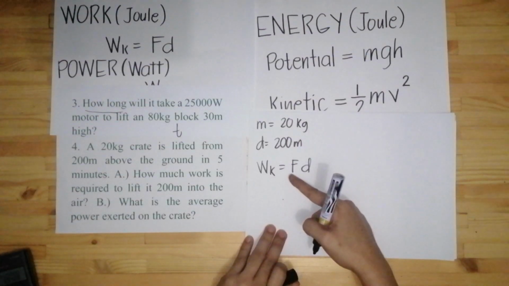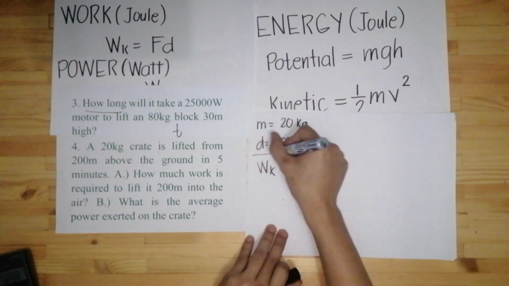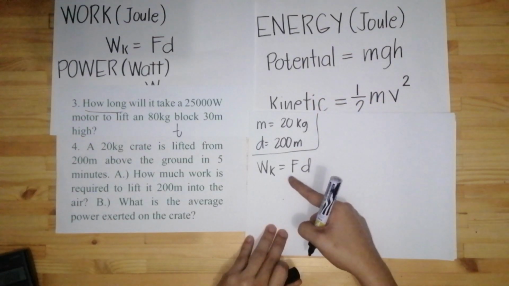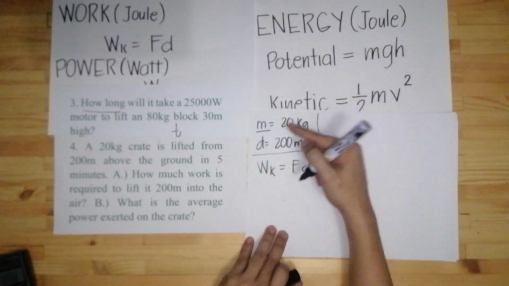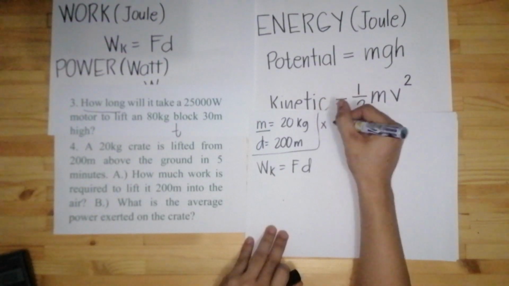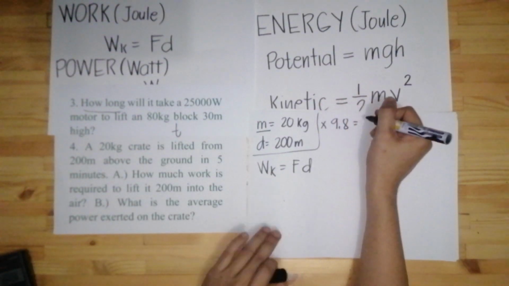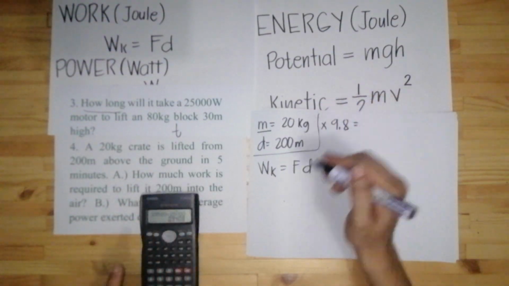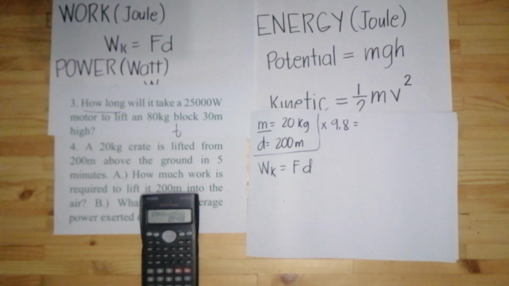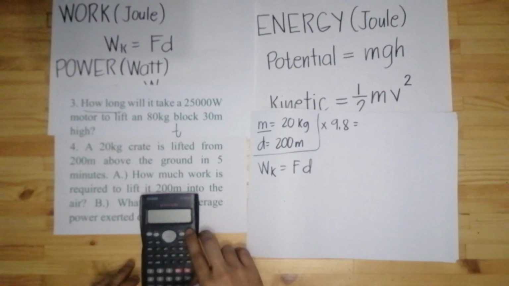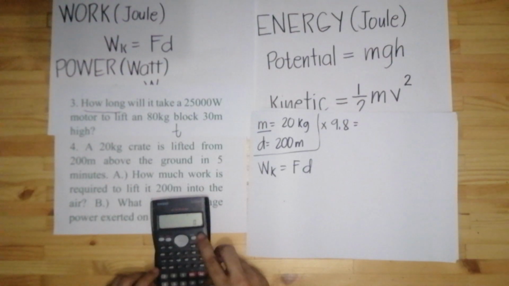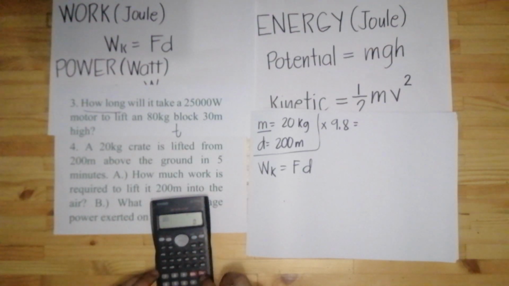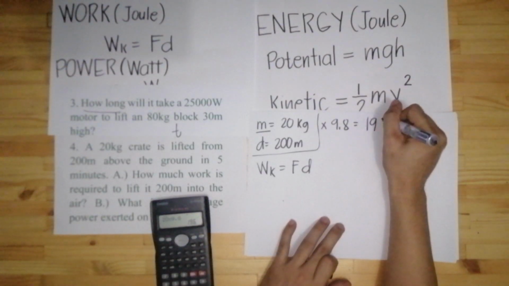What would be the value of the force? Since ito lang yung given natin, paano natin kukunin yung force? Gamit lang yung mass. So, yung mass, times na natin sa 9.8 para makuha natin yung weight, which is the force or yung gravitational force natin. So, 20 times 9.8, that is 196.